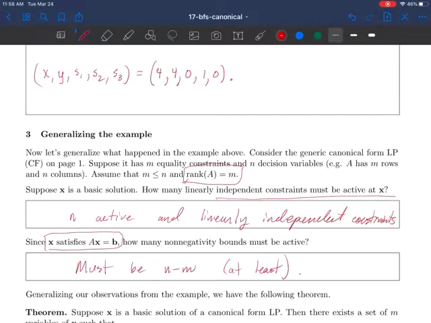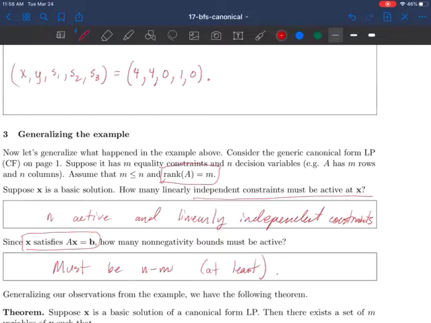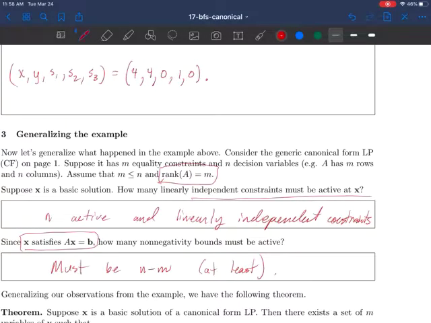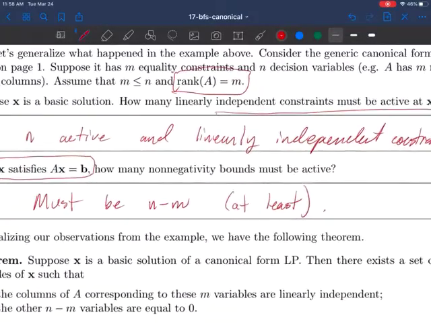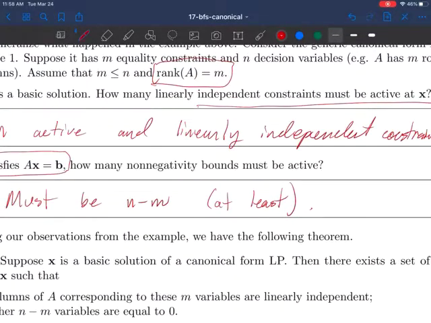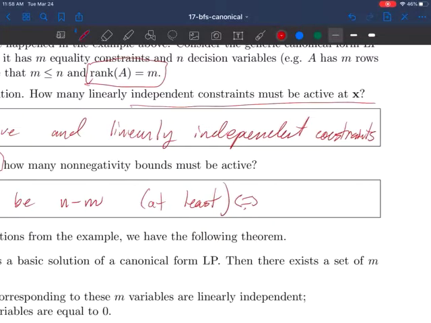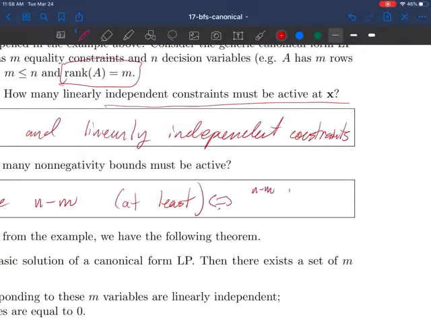And we write that because now we have to check to see that the m columns corresponding to the variables that weren't part of these active non-negativity bounds must also be linearly independent. Okay, so we'll generalize that in this theorem. Note that this is saying that n minus m variables must be 0.